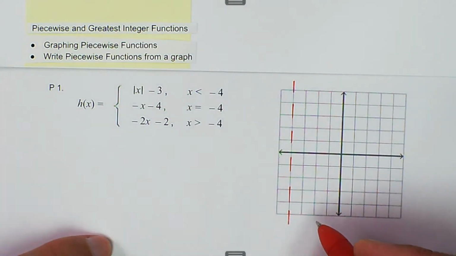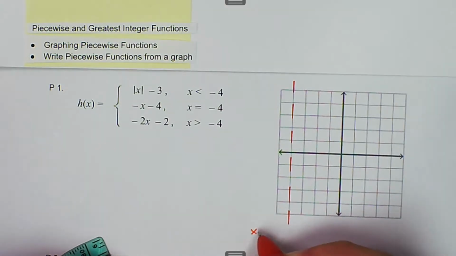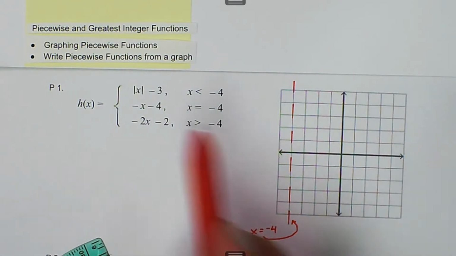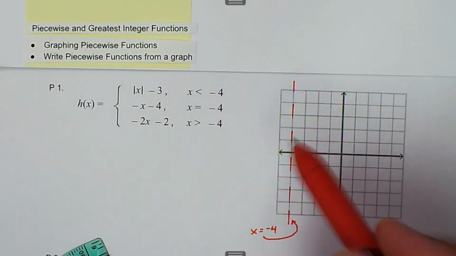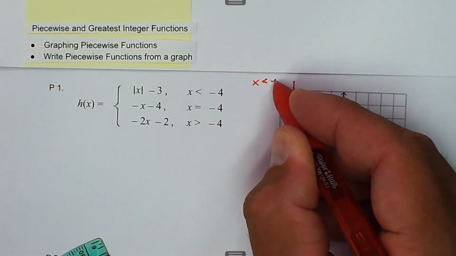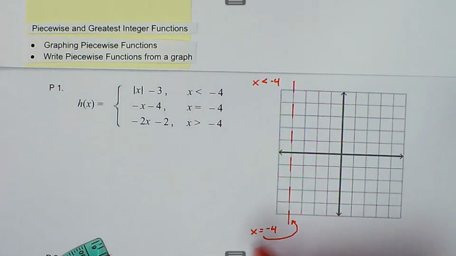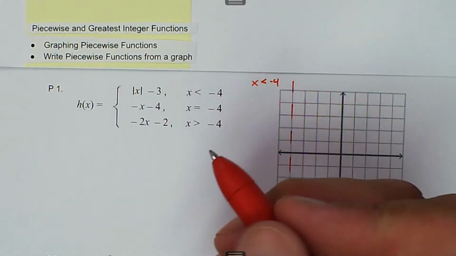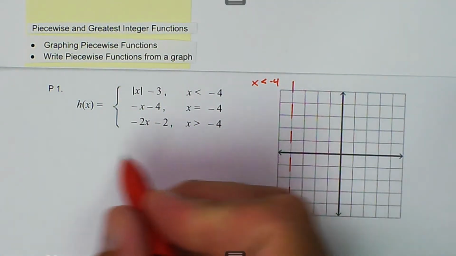So this is going to be x is equal to -4. So I'll take a look at the first one, and we have x is less than -4. So a value less than -4 I could pick out would be -5.